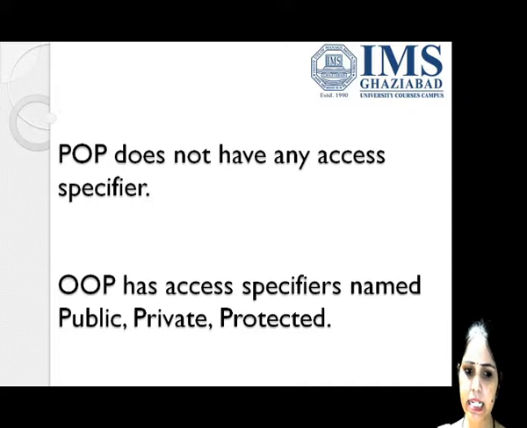Public means the data is available to everybody, that is, it can be accessed outside the class as well. Private means the data cannot be accessed outside the class, that is, it is not available to everybody. And protected is a restricted access that is in between public and private. This protected access specifier we would be discussing in inheritance.